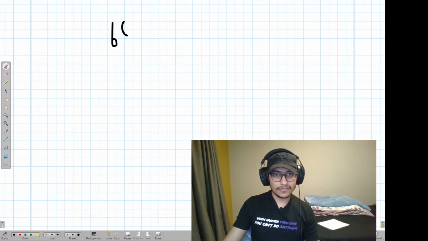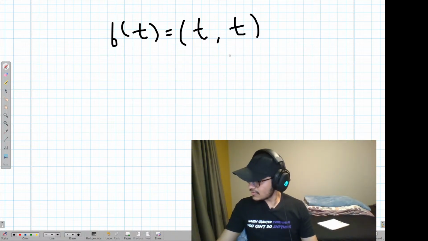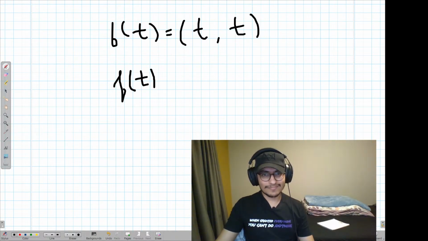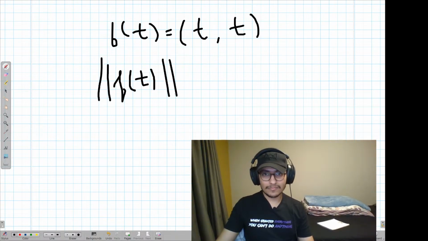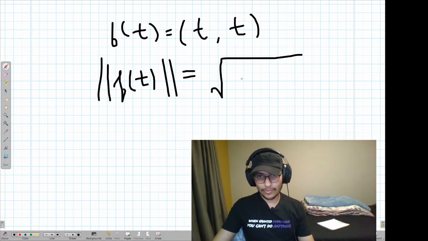So f of t is a function of t comma t. If we take the norm of this function, we get root over t square plus t square.